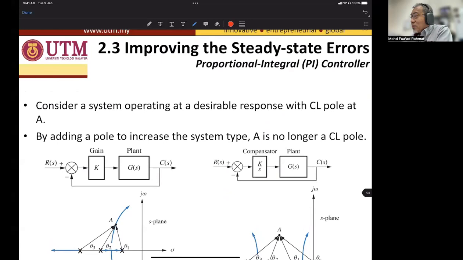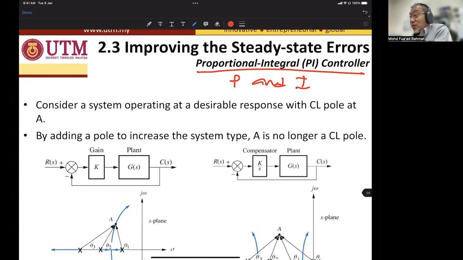So that's why we have to look at the second topic of controllers after the P controller, known as the proportional integral controller, or PI controller. P and I together become the PI controller.